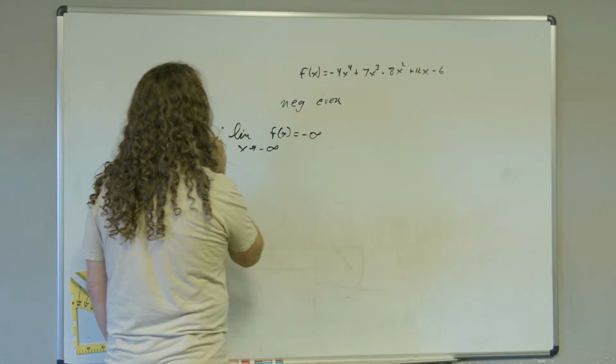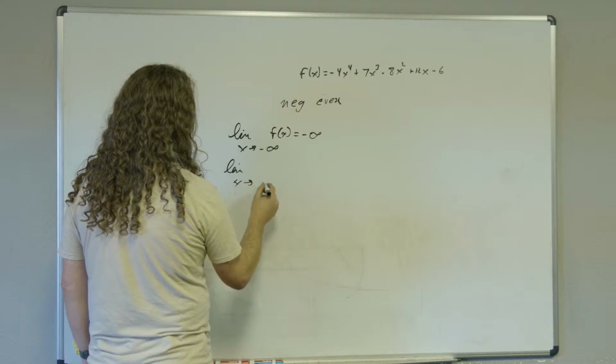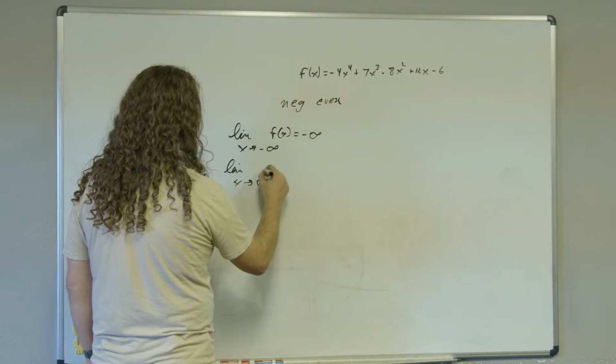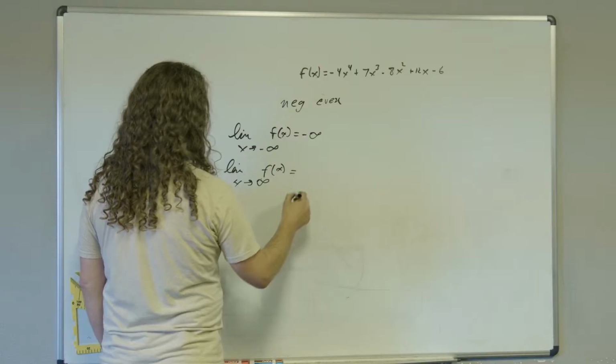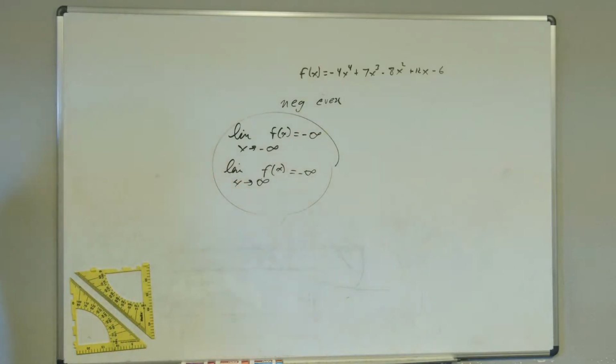The limit as x approaches positive infinity of f of x is negative infinity. We did it. That's the whole problem.